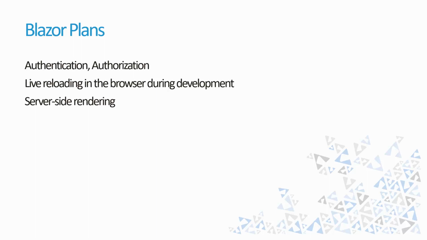Server-side rendering means that you will be able to switch on server-side rendering, where the Blazor application will render the HTML on the server, and the HTML file you get from the server in the very first request will already be pre-rendered to the version of the user interface you should see by running the application.